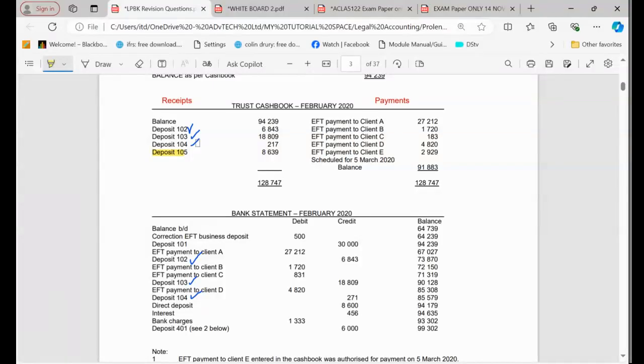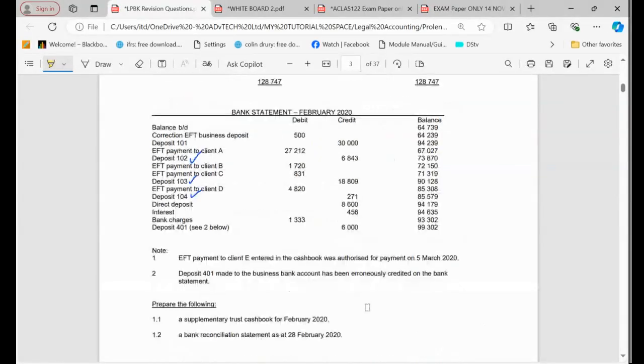It's already in the bank statement, so it's our cash. This one we suspect, because it's not appearing on both sides, that maybe it was a direct deposit. We still have to record it in this cash book, but we must wait for the information.